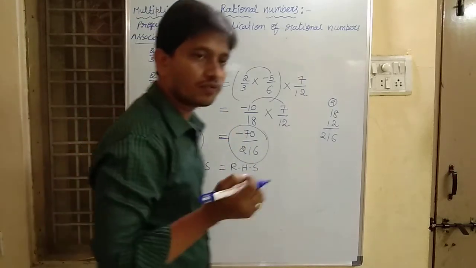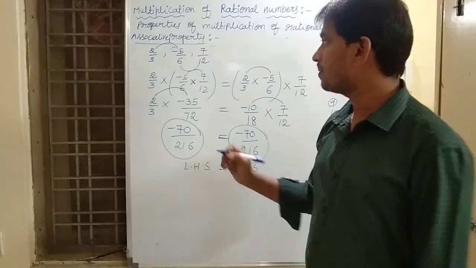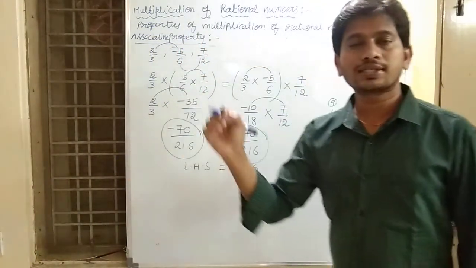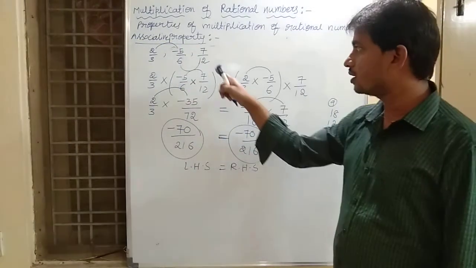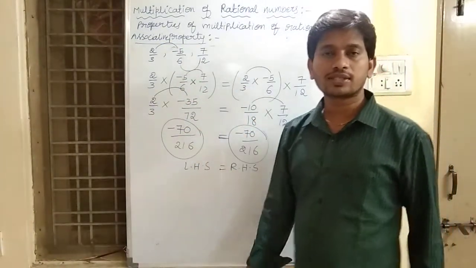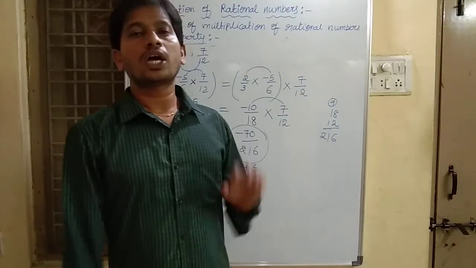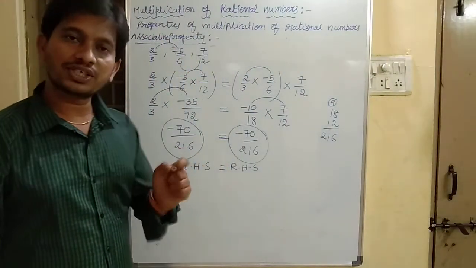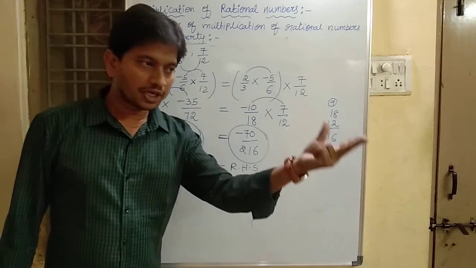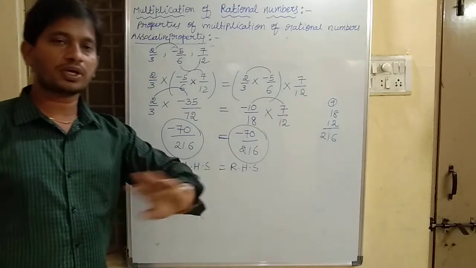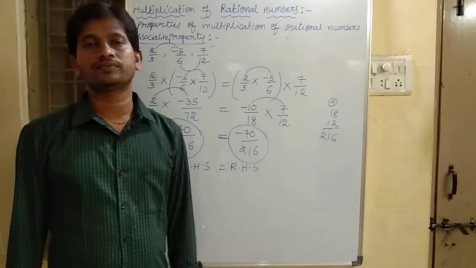From this, what can we conclude? Rational numbers are satisfying associative property under multiplication. It is satisfying closure property, commutative property, associative property. All three properties are satisfied.